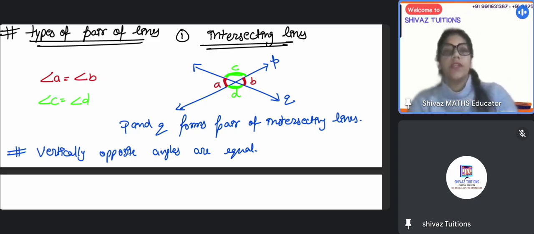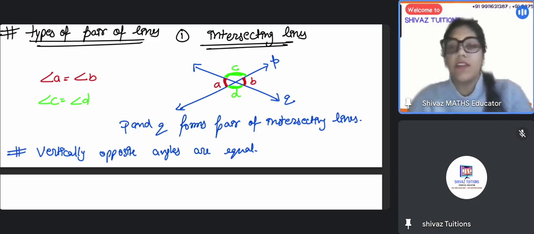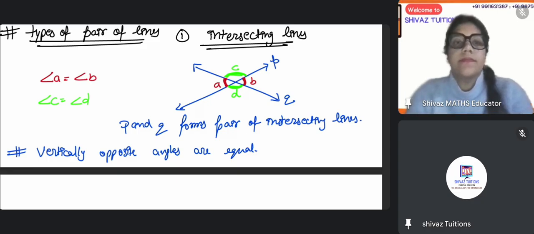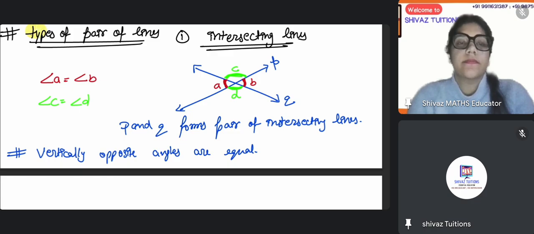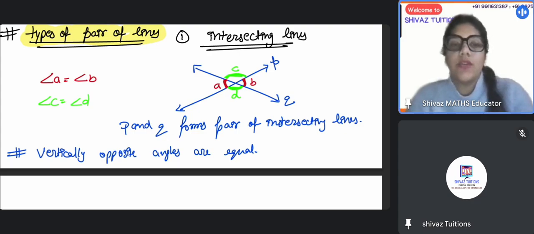Just note it down and then tell me. If anything is not clear, please ask me. I don't understand. Okay, Dhanurvi, when two lines cut each other, angles are formed as you can see here.